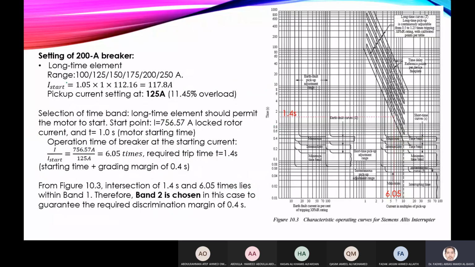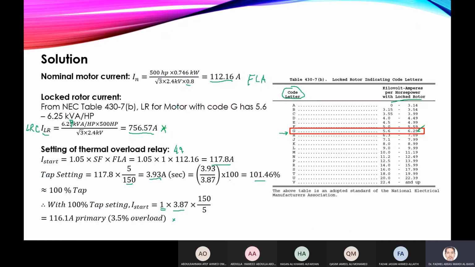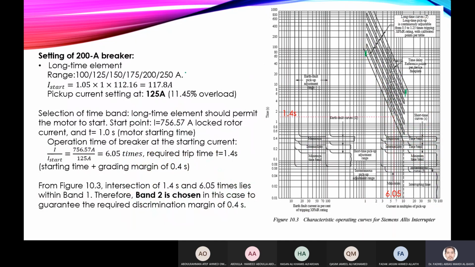So the range of values that I can choose for the long time element, I showed you the long time elements, the pickup setting from this up to here. From 100 ampere, I showed you 100 ampere for the 200 ampere, 125, 150, 175, up to 250. So these are the available pickup settings for the long time element.